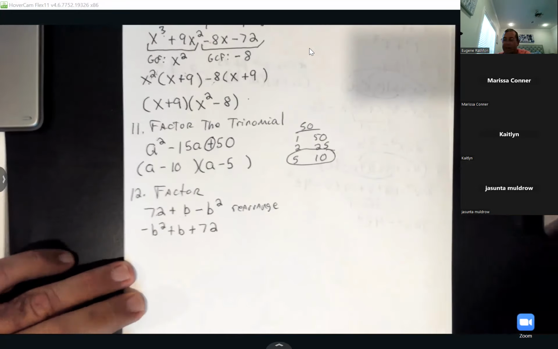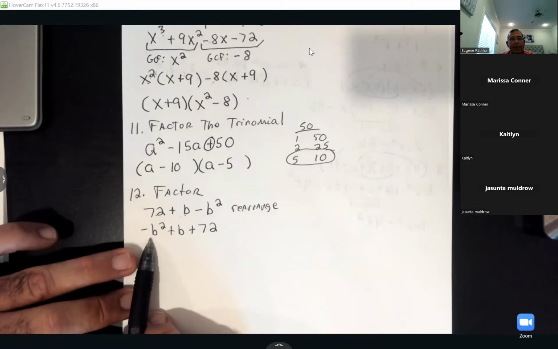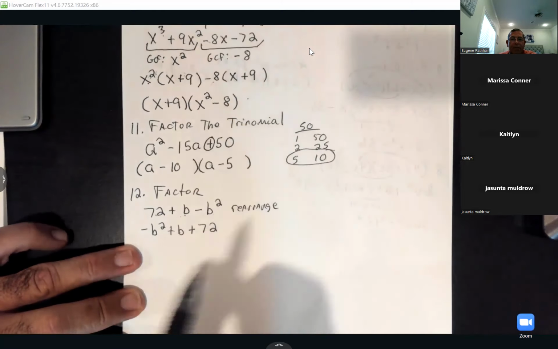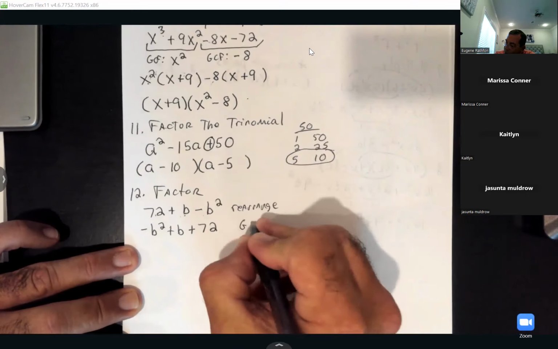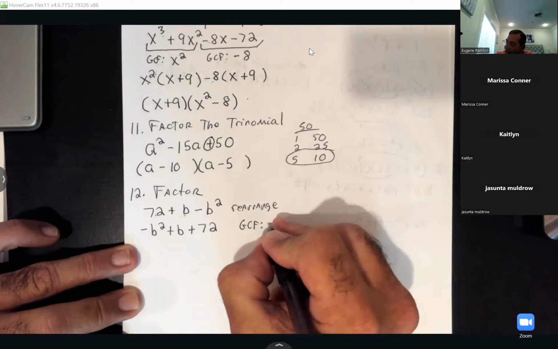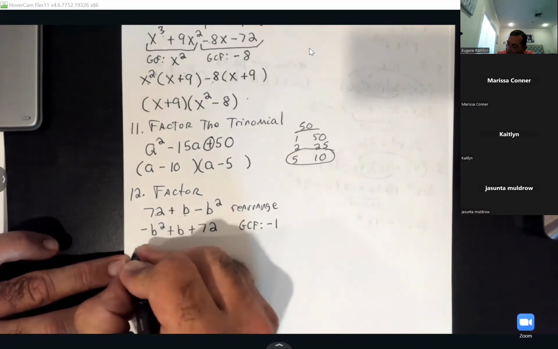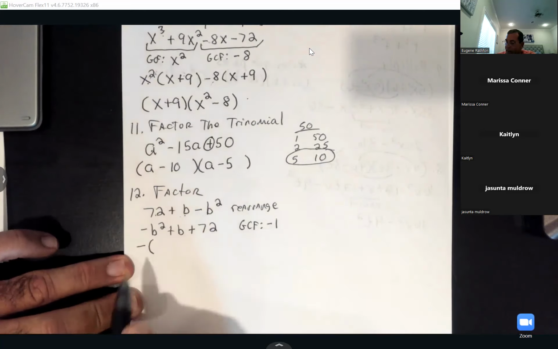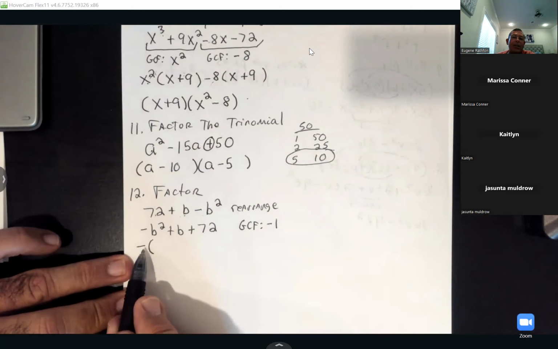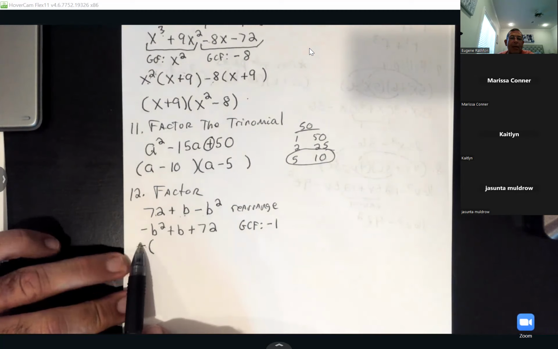But y'all, here's the thing on this one. We can't factor this with that negative, so we got to factor that negative out of this. That's why we were learning all that negative stuff up above. So on this one, since there's no other numbers in common, we at least got to factor out a negative 1 on this. Now remember, if I don't put a 1 behind that, it's understood to be a negative 1. Now what you're going to do is take all three of these and divide by that negative 1.